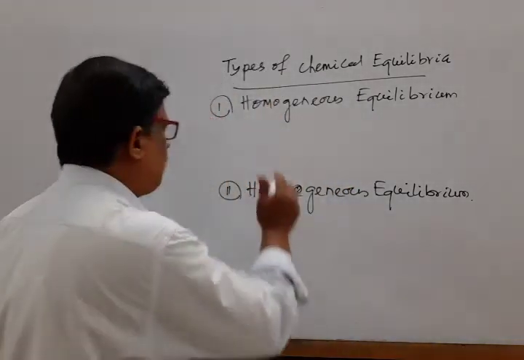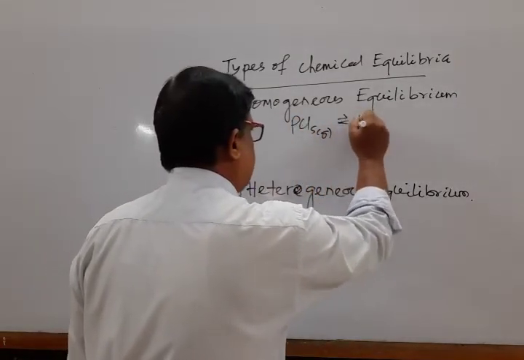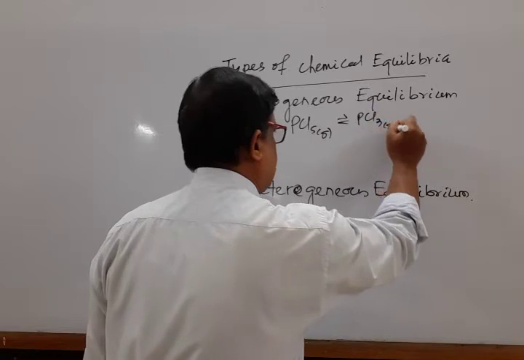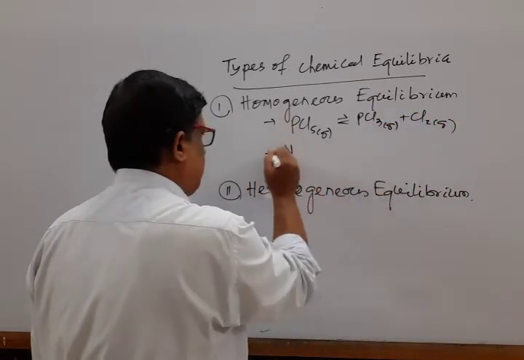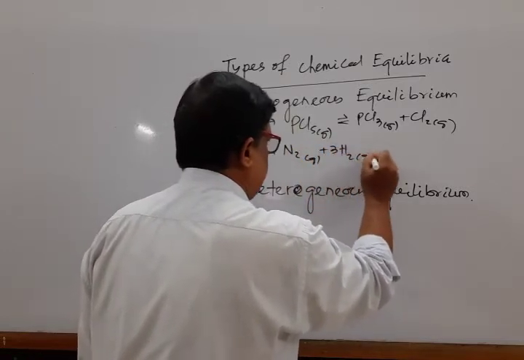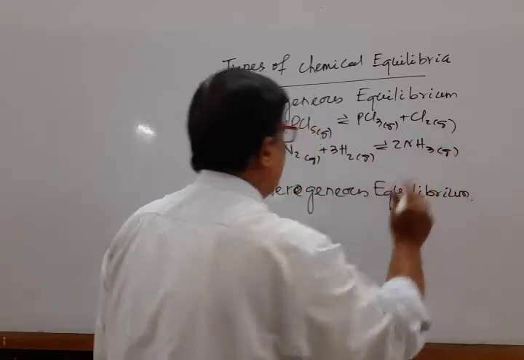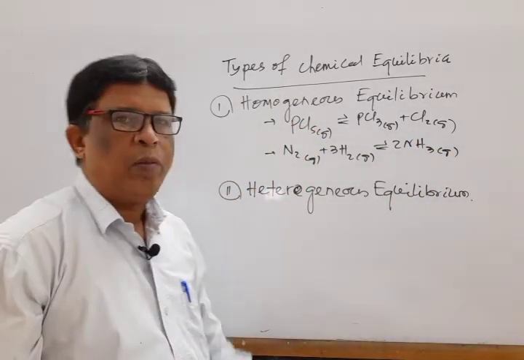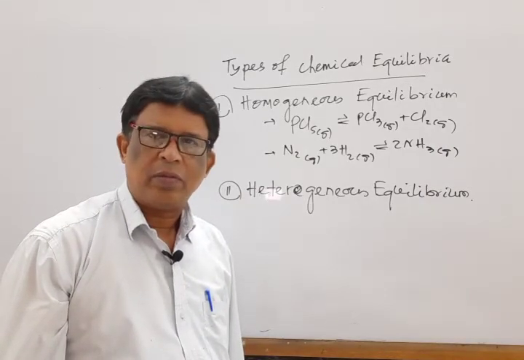For example, PCl5 gas gives rise to PCl3 gas plus Cl2 gas. N2 gas plus 3H2 gas gives rise to 2NH3 gas. Here all the components are in one phase, that is gaseous form.